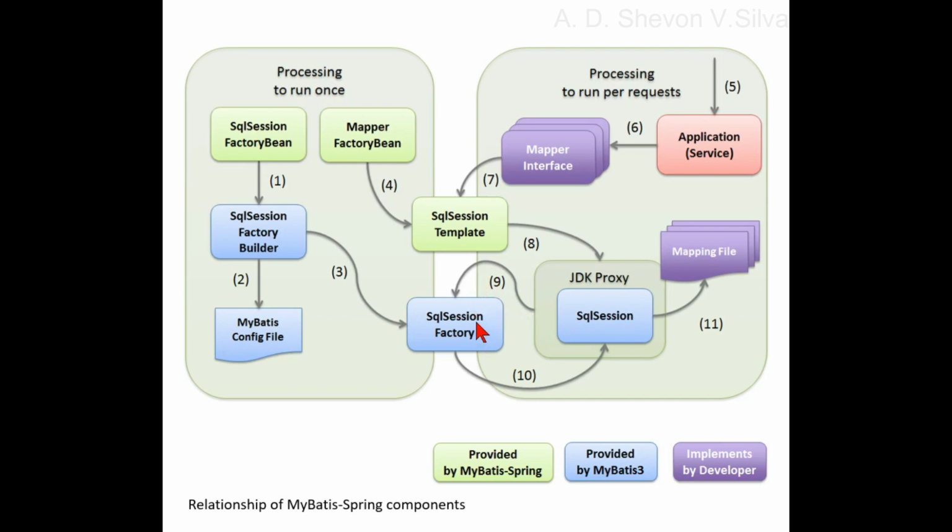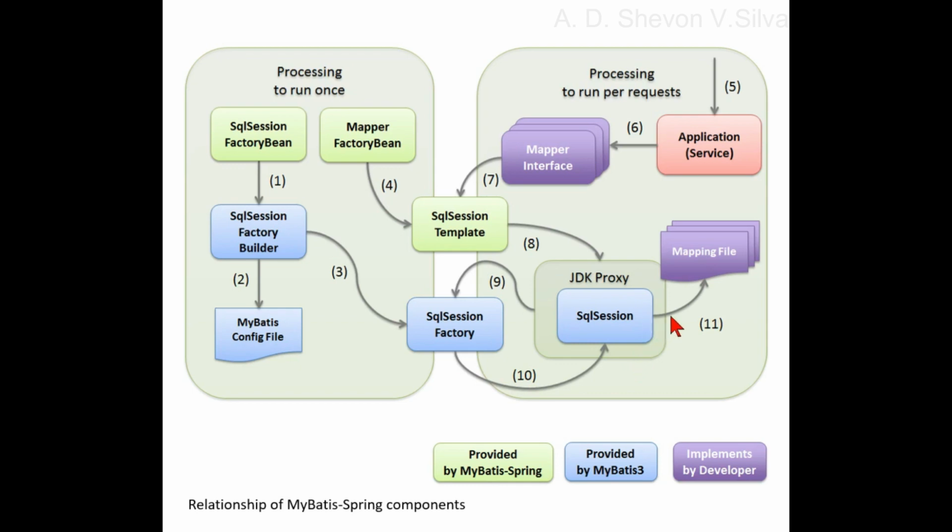When an SQL session assigned to the transaction does not exist, the SQL session factory method is called to fetch the SQL session of the standard MyBatis-3. Ten, SQL session factory returns the MyBatis-3 standard SQL session. Since the returned SQL session is assigned to the transaction, if it is within the same transaction, the same SQL session is used without creating a new one.